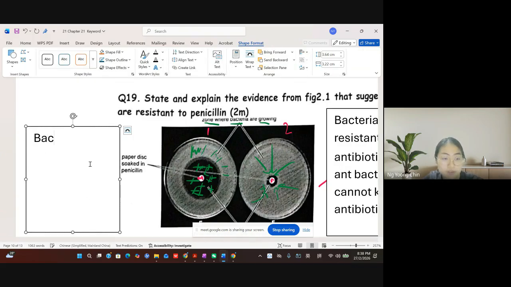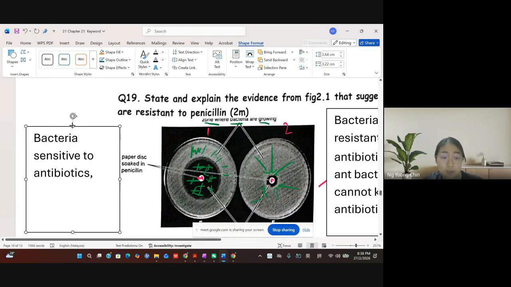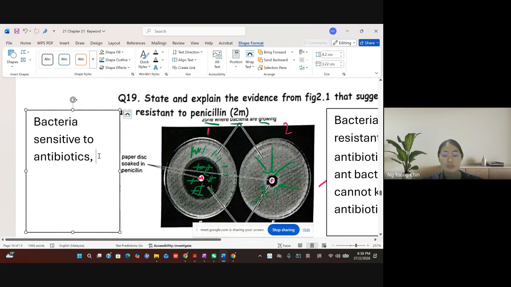Sensitive, 敏感, means they can be killed by the antibiotic because they have not developed resistance yet. 就是说他们还没有产生抗药性.